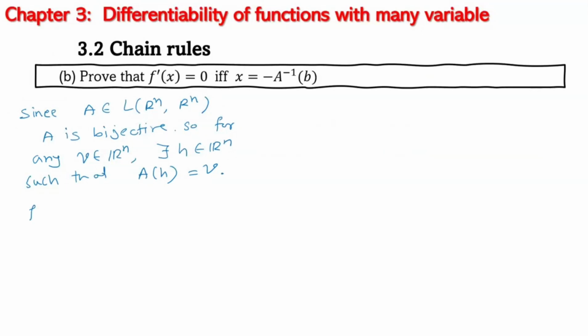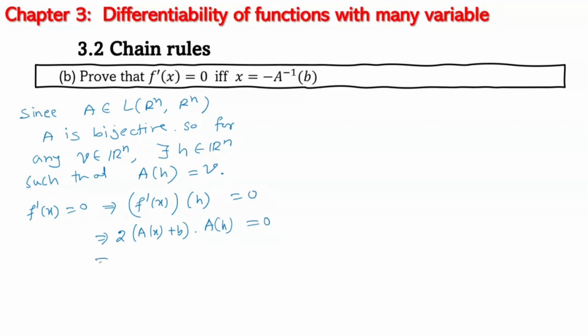Then if f dash x is equal to 0, this implies f dash x operating on h is equal to 0, so 2 (ax plus b) dot ah is equal to 0.